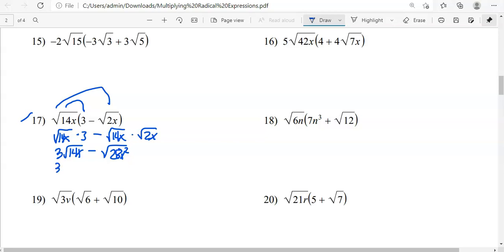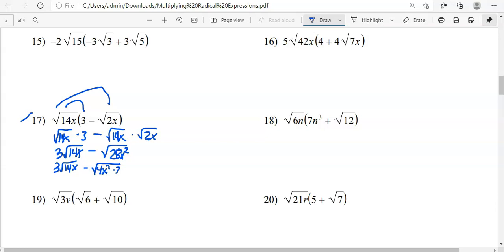So 3, copyin lang natin, 3 square root of 14x. Then simplify naman natin yung square root of 28x squared. So factor out natin yung 28, so magiging 4 times 7. Then yung x squared may square root, so lagay natin dito katabi ng 4.